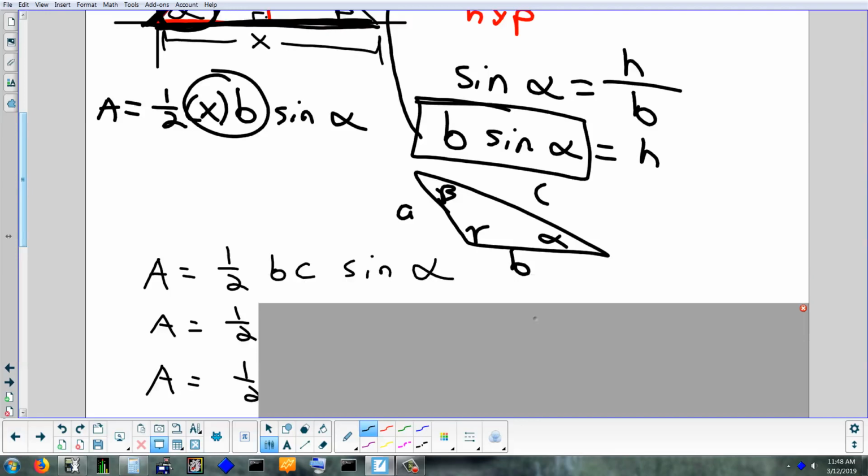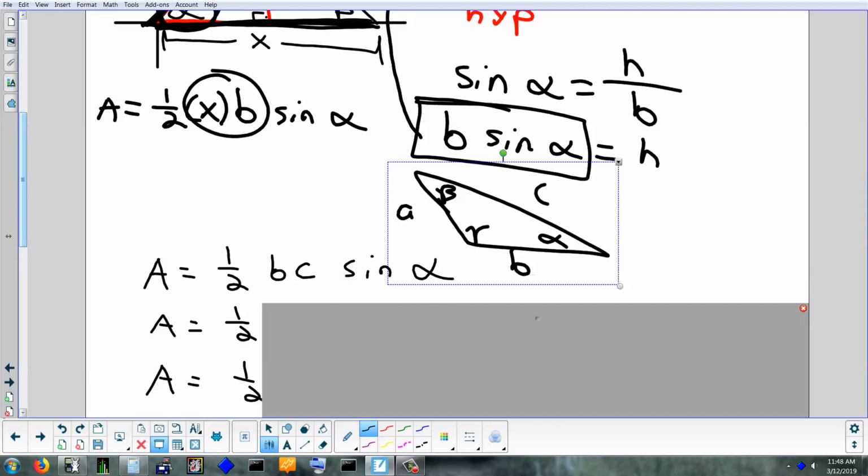So 1/2 the product of two of the sides times the sine of the angle that's between them. All right. What other two letters could I do besides B and C? A and B. We could do A and B.